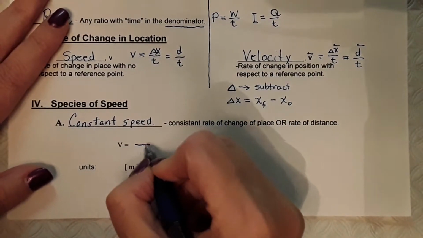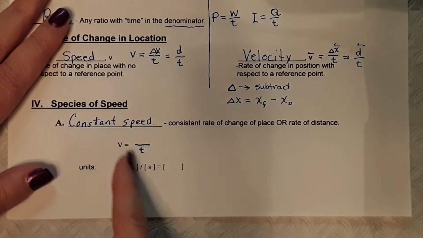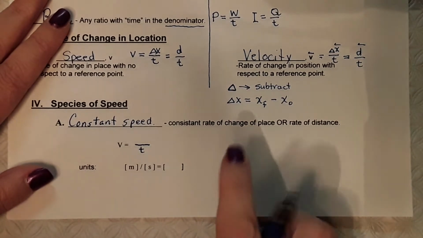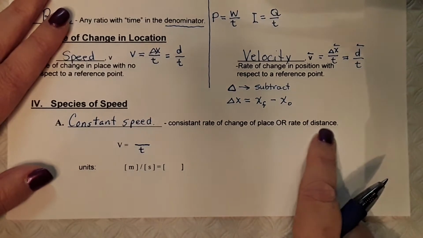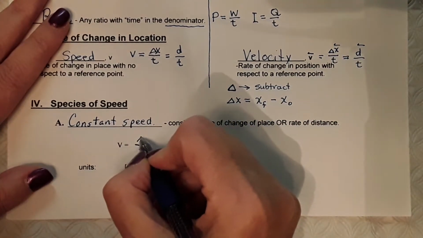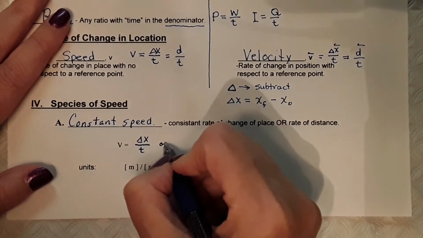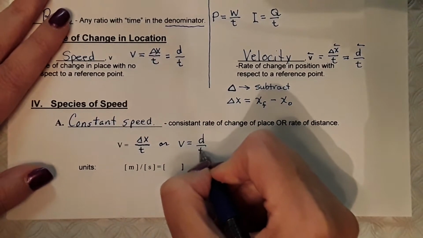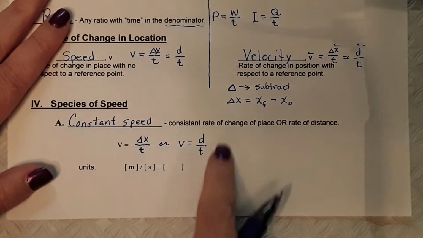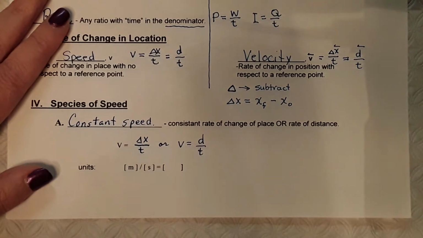So we write a ratio, put time in the denominator, and how do we know that it's speed? Simple. We put change in place or distance on the top. So we can write it this way, or we can write it this way. Your choice. I've got the funny feeling you guys are more used to seeing this right here, so that's probably what I'll put up on the board.